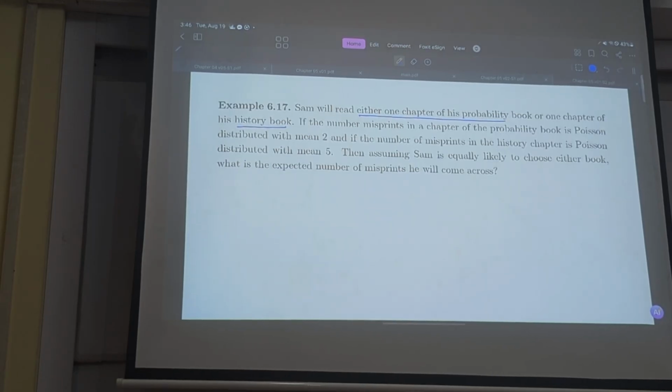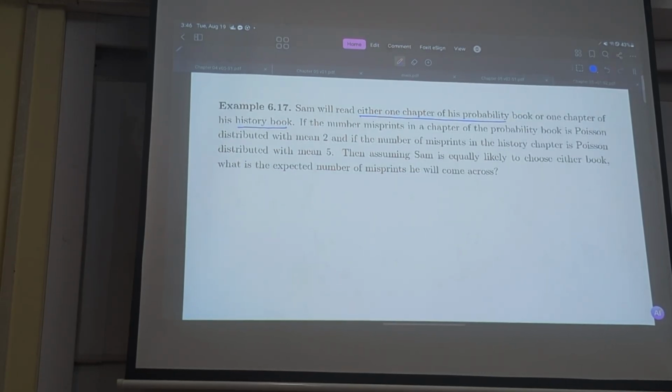The number of misprints in a chapter of the probability book is Poisson distributed with a given mean, and the number of misprints in a history chapter is Poisson distributed with another mean. Assuming that Sam is equally likely to choose either of them, what is the expected number of misprints he or she will come across?